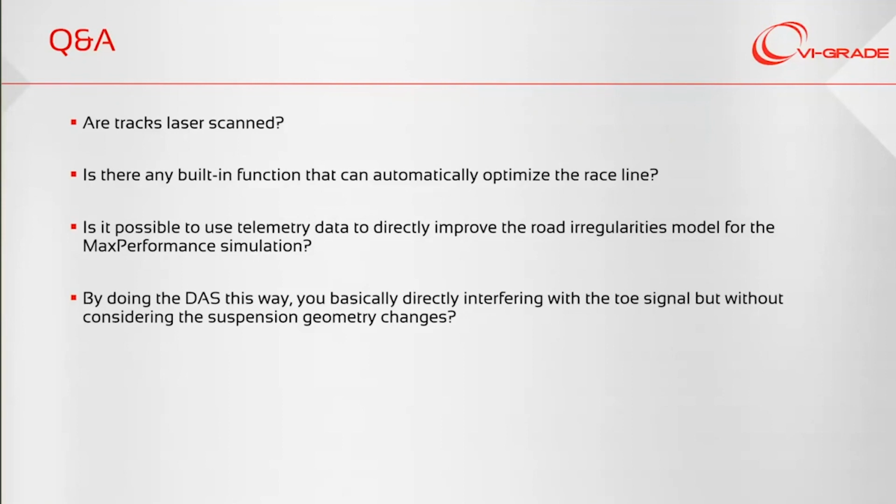Okay. Then, is it possible to use telemetry data to directly improve the road irregularities model for the max performance simulation? Yes, in general, it could be possible because the road model, the one that we have discussed this morning, is a kind of ribbon road where we basically use a nominal surface for identifying the road definition.